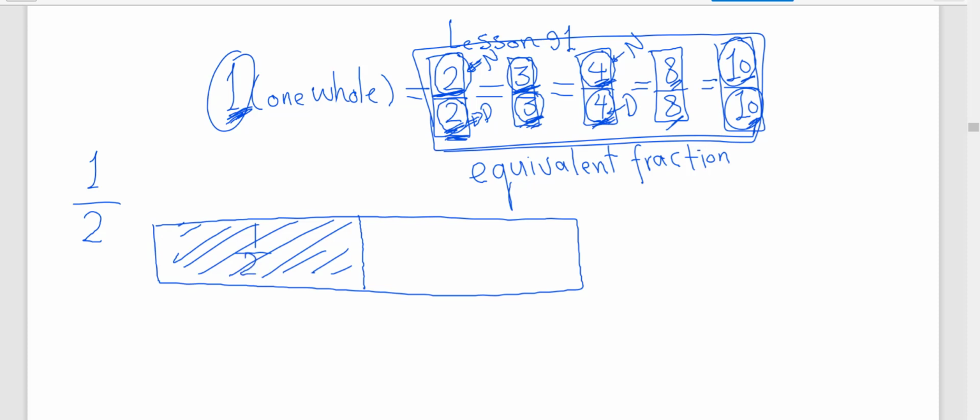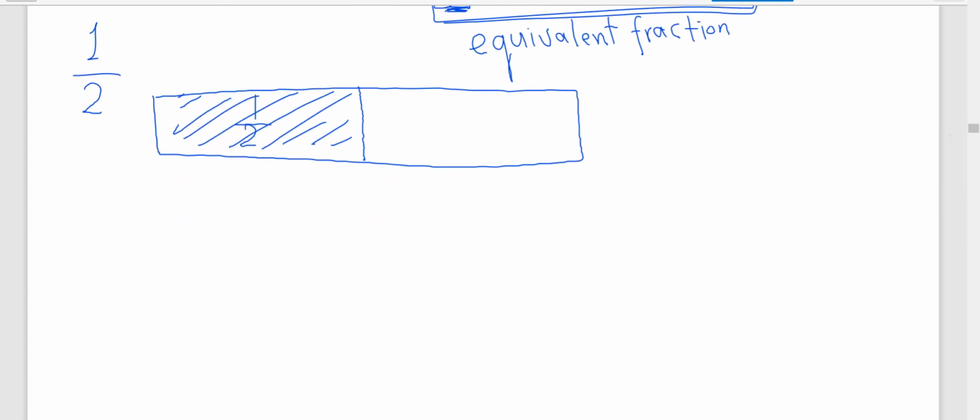Okay, can we use another fraction to get 1/2? Let's try.